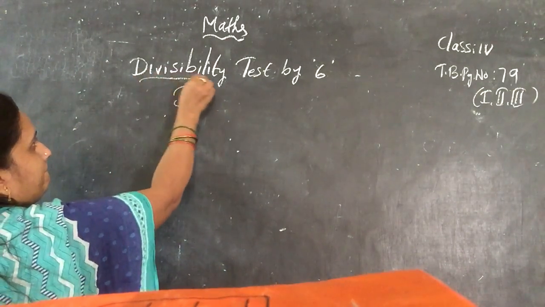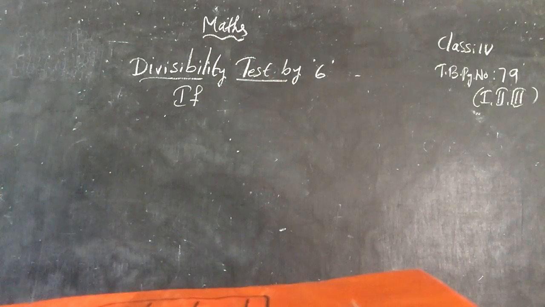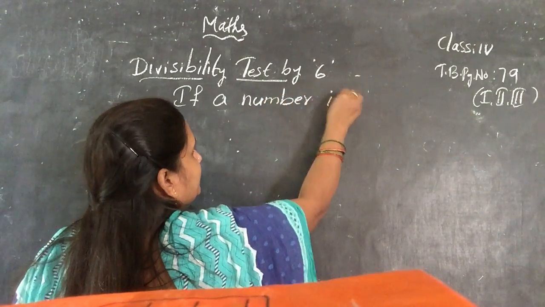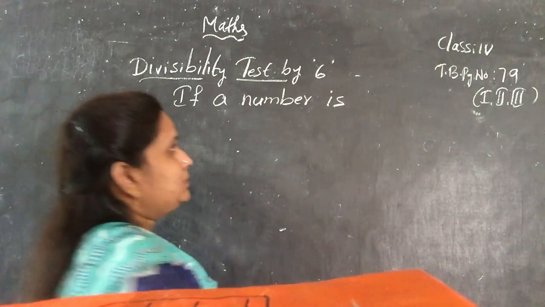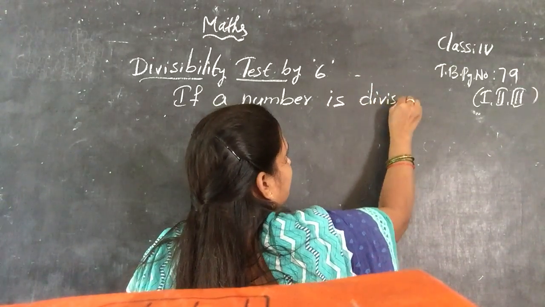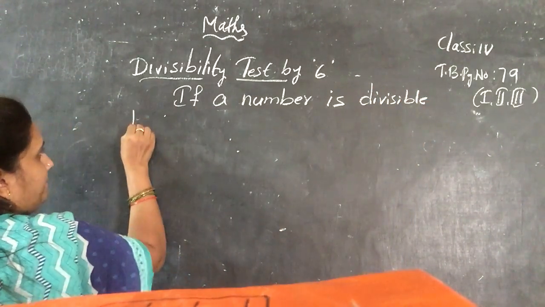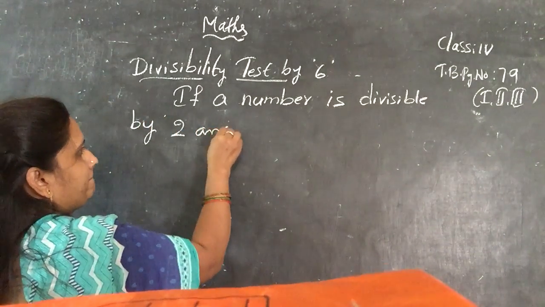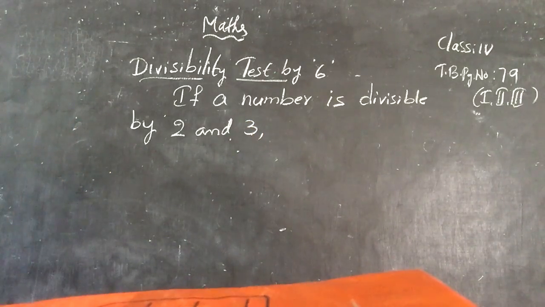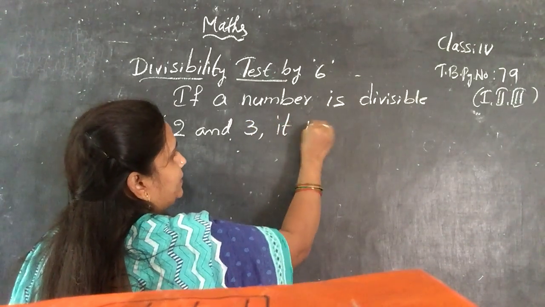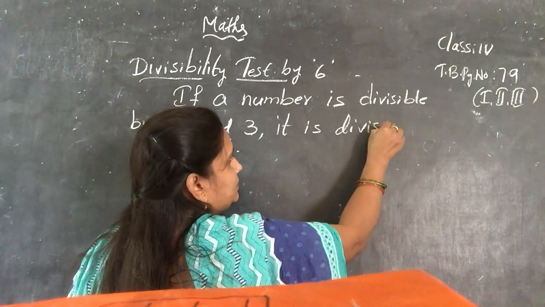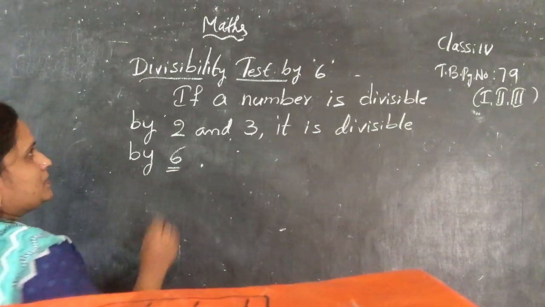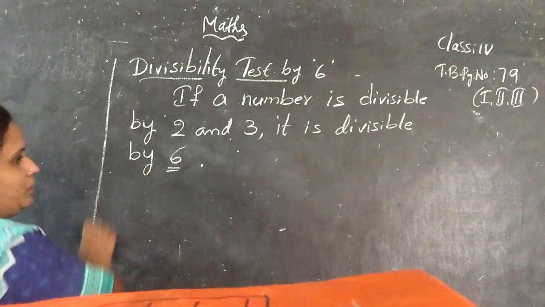If a number is divisible by 2 and 3, comma, it is divisible by 6.